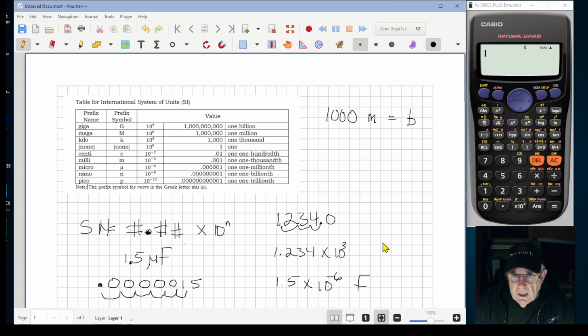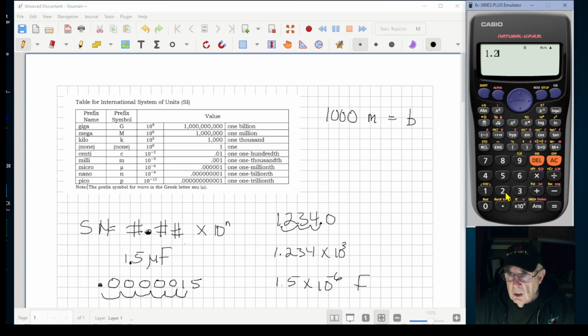So I could write this value right here directly in scientific notation by doing 1.234 times 10 raised to the third power. They don't raise it in the screen up here. Some calculators will, but that means the same thing.